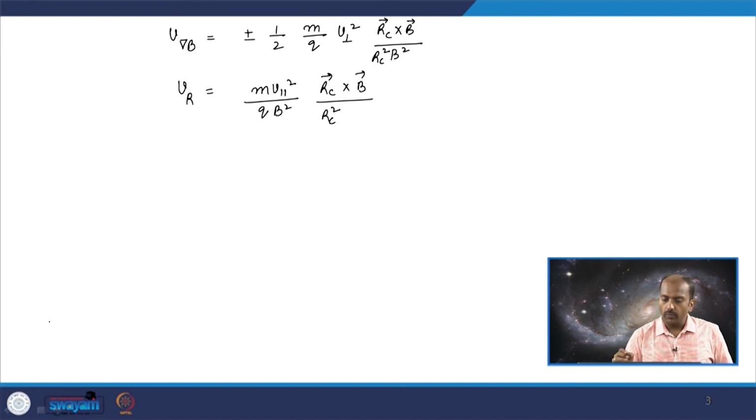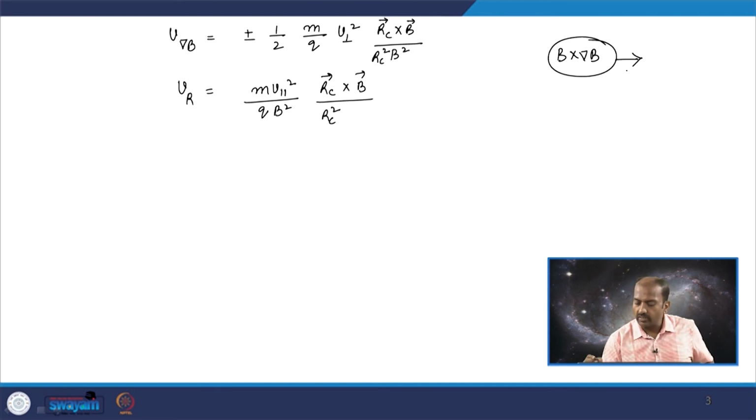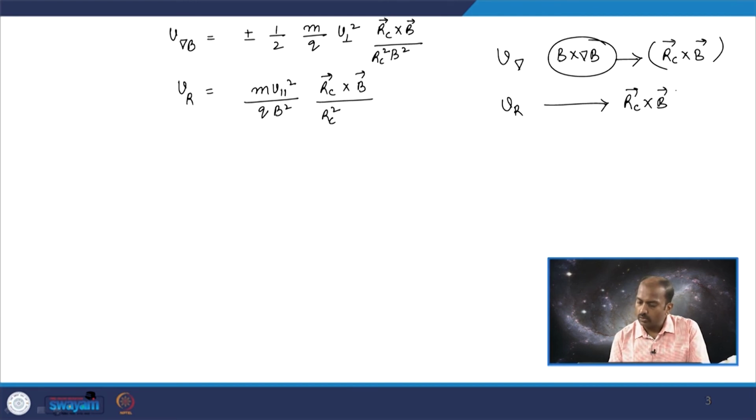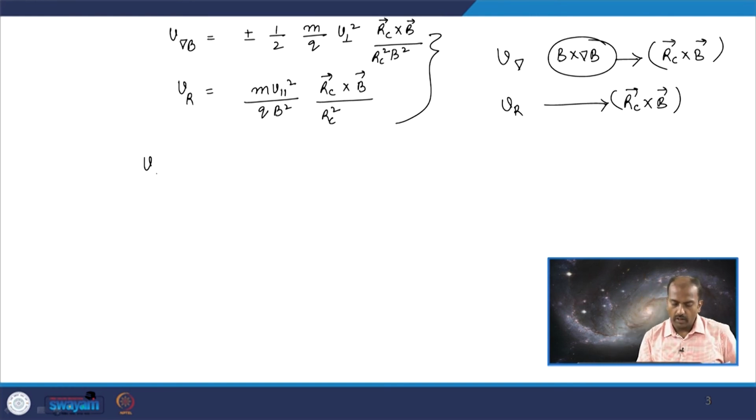Right. So, what have we done? We have done that the B cross del B term is transformed into an RC cross B term. So, this is for the del part, and for the curvature part we already had the curl in terms of RC cross B. So, we can combine these two together.